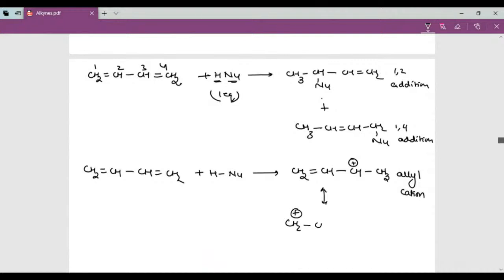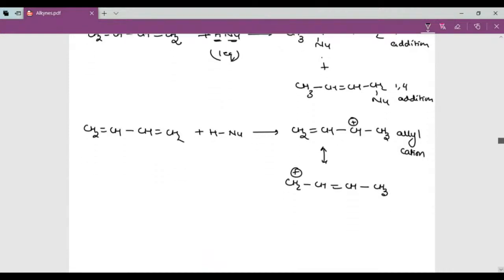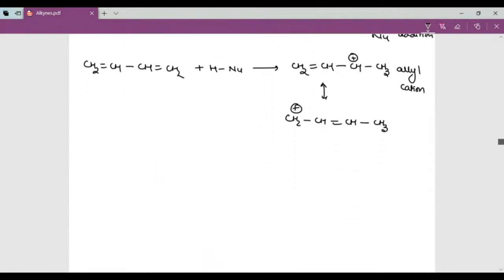CH2 plus CH double bond CH single bond CH3. As a result, this exists as a hybrid with delta plus and delta plus. Okay, so 1, 2, 3, 4.